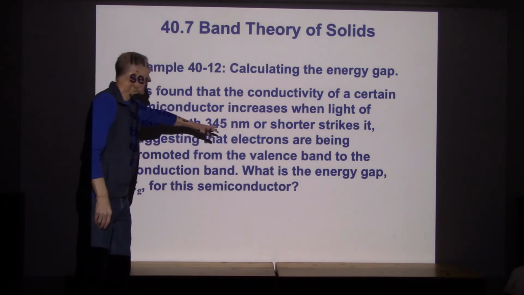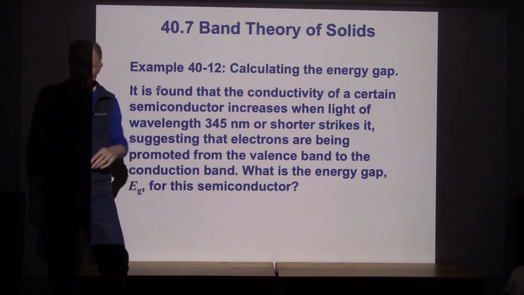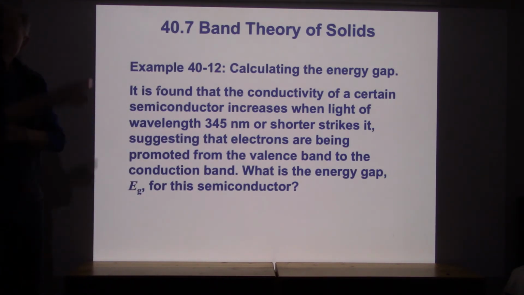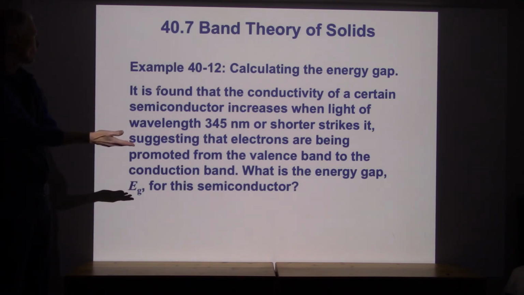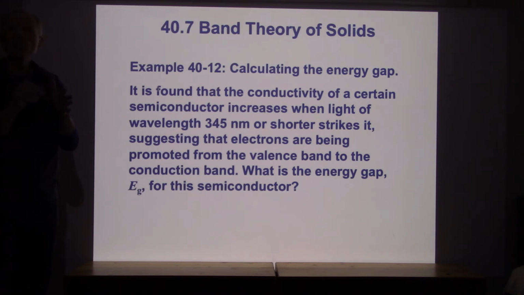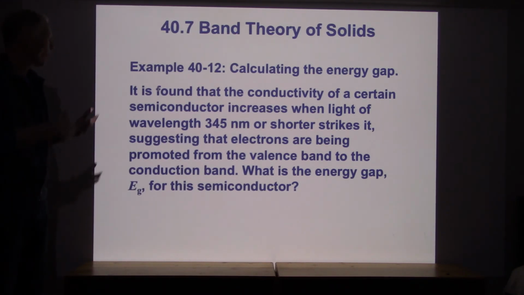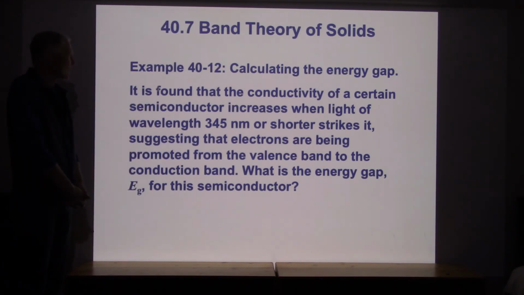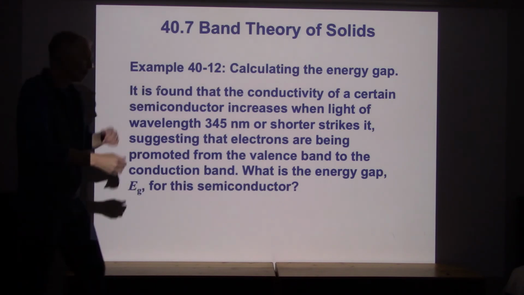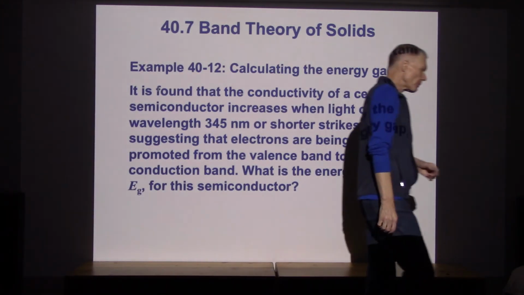Visible light goes as short as 400 nanometers, so 345 nanometers is off into the UV. So this block of material, I don't know if it's silicon or what, would require UV photons, probably 3.5 eV. We could calculate that. 3.5 eV or so would be the size of the gap between those two bands.